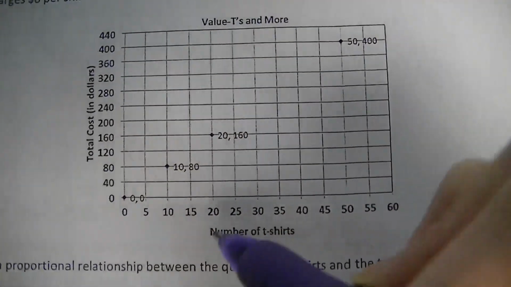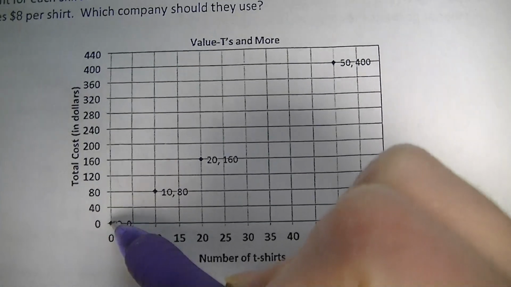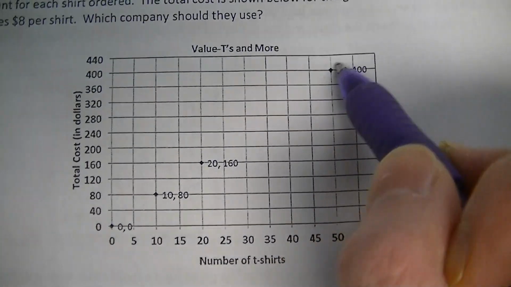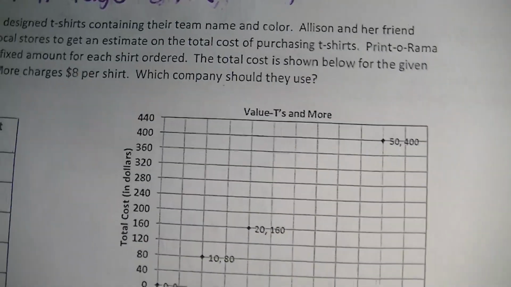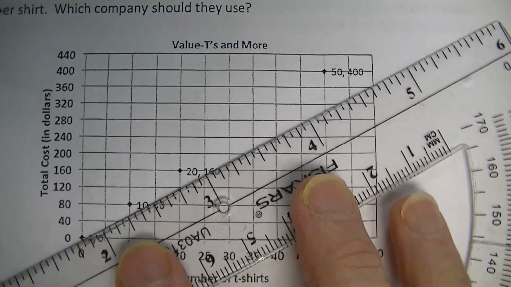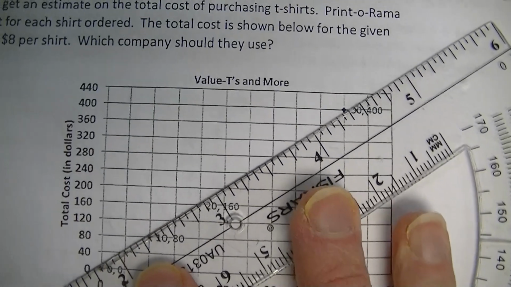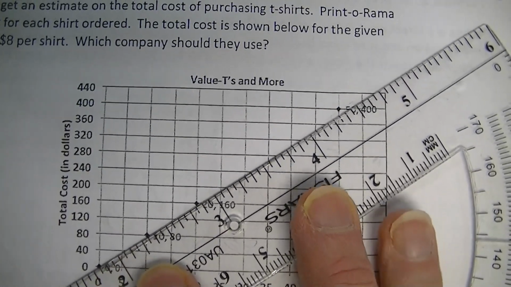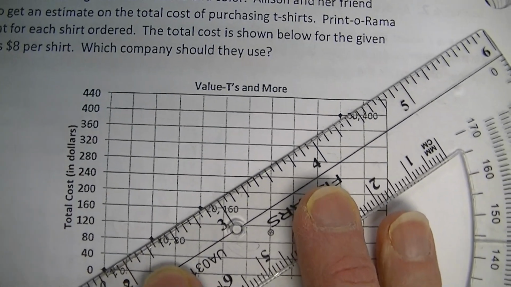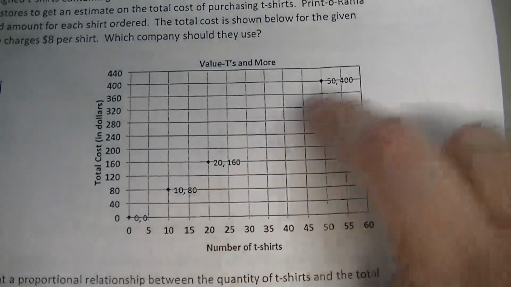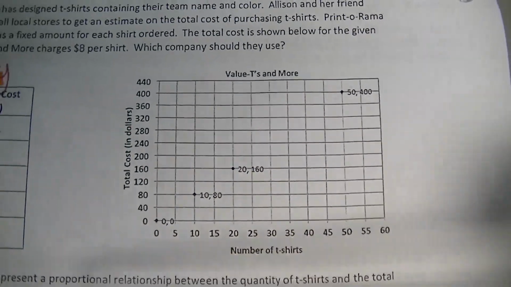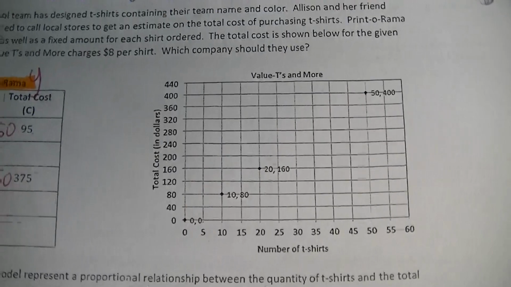So let's see here. I see if I connected these points, that would be linear, right? Let me check a straight edge just in case. Yeah, that's linear, and it passes through the origin if I connected them, so therefore that's proportional.